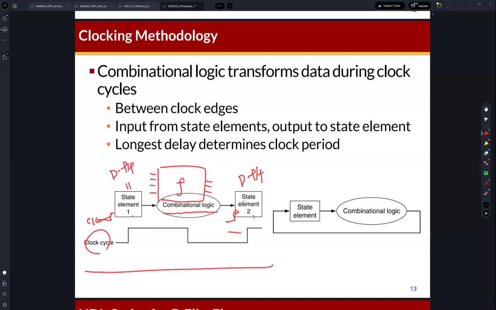Why? Because this combinational logic receives synchronized input from this D flip-flop. What does that mean? The input signals are provided to this combinational logic at the same time, like this class, which starts at 10:30 for multiple students.